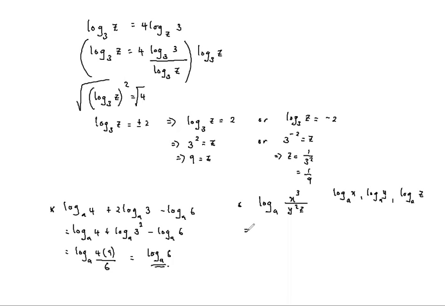So what you do is you say, okay, log a x to the power 3 minus log a y squared z. Then you come back and say, the 3 comes down, we remain with x, minus, you open the brackets, it will become log a y squared plus log a z.